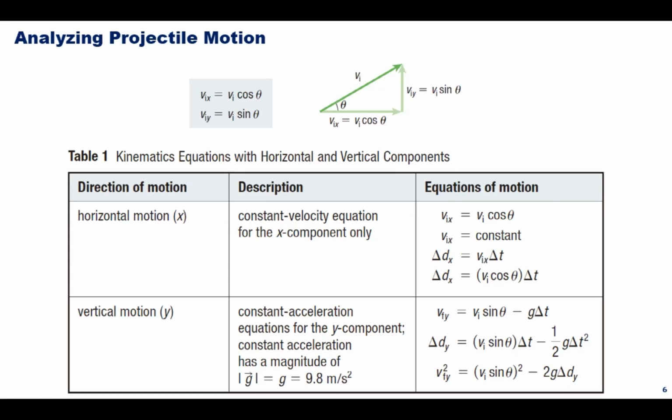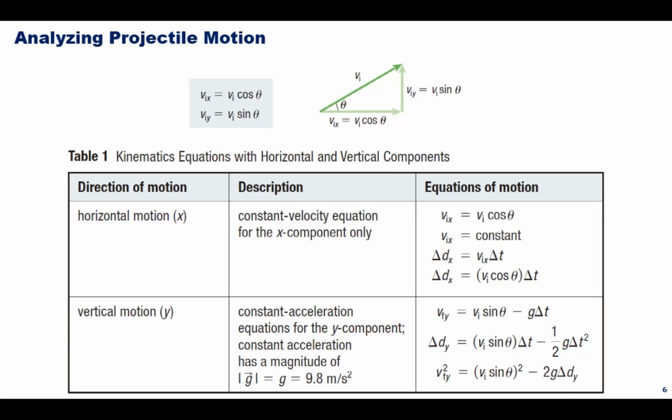So here, table 1 summarizes the kinematics equations we can use with both horizontal and vertical components. In horizontal motion x, we have a constant velocity equation for the x component, which means Vix equals Vi cosine theta, and Vix is constant.